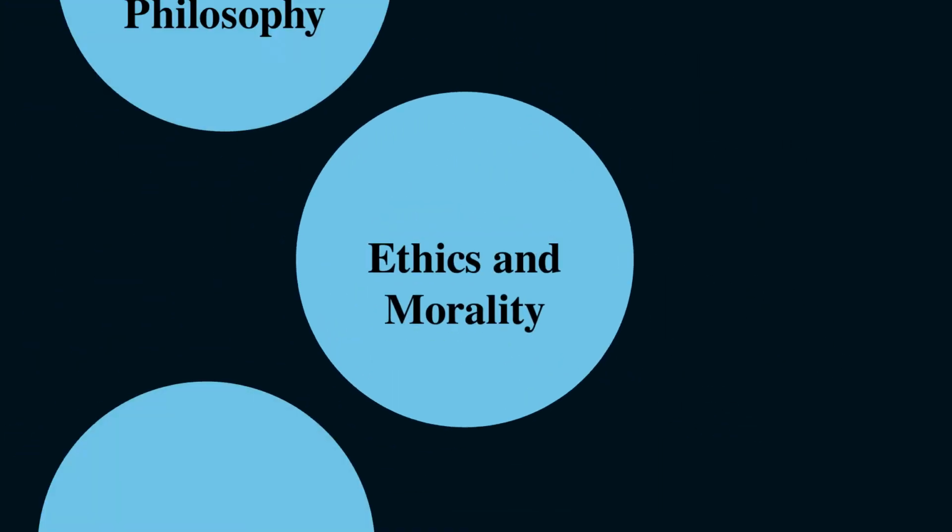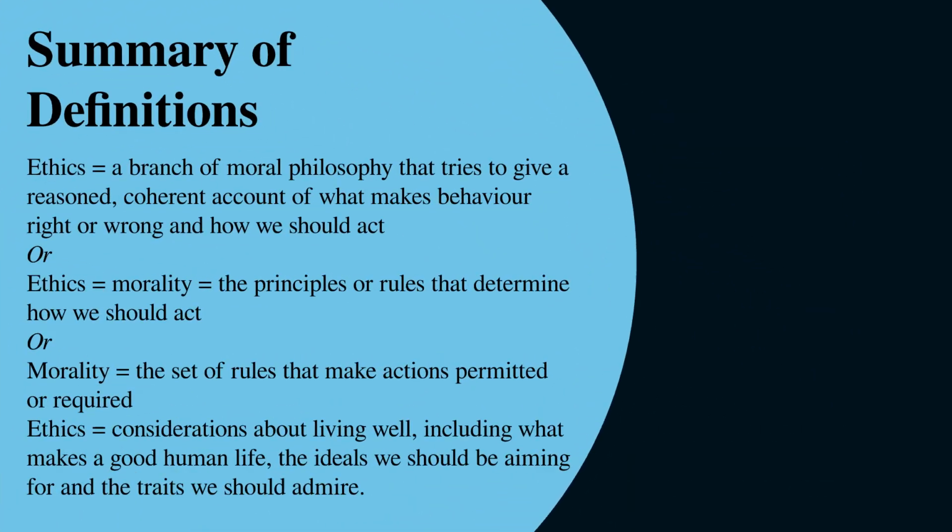So to sum up, ethics can be used to pick out a branch of moral philosophy that tries to give a reasoned, coherent account of what makes behaviour right or wrong and how we should act. Or ethics can be used interchangeably with morality to pick out the principles or rules that determine how we should act.